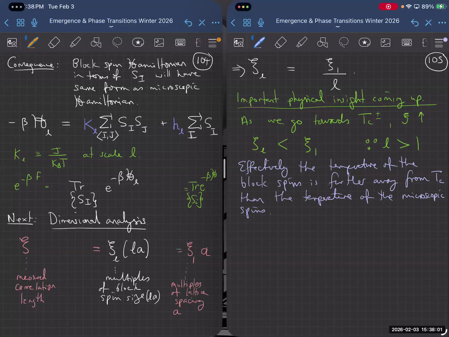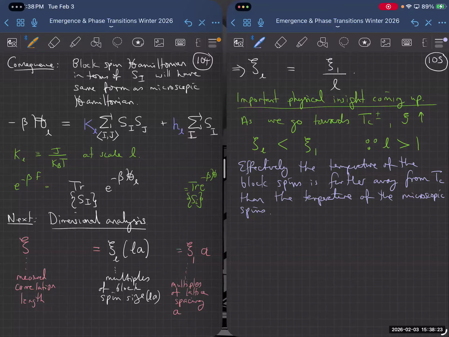This is an example of what is called renormalization, namely that as we change the scale at which we look at the system, the parameters that come into the energy and therefore the temperature are changing. So the temperature, because the correlation length is smaller, must be further away from the critical temperature.